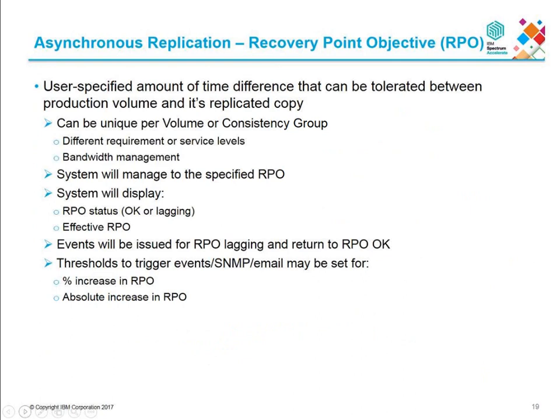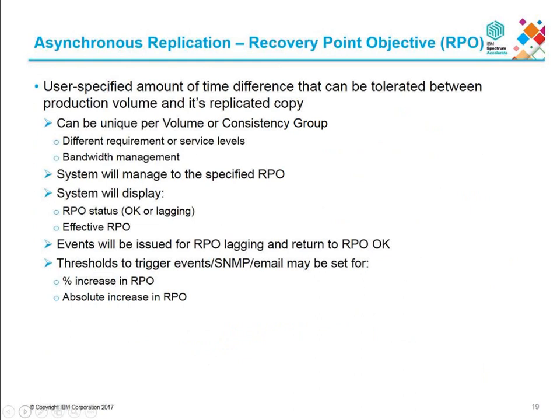It can be unique per volume or consistency group, because of different service levels or because I'm doing bandwidth management. Typically, not all of the data I'm replicating is of the same importance, so having the ability to set RPOs differently allows us to help the box manage the bandwidth.